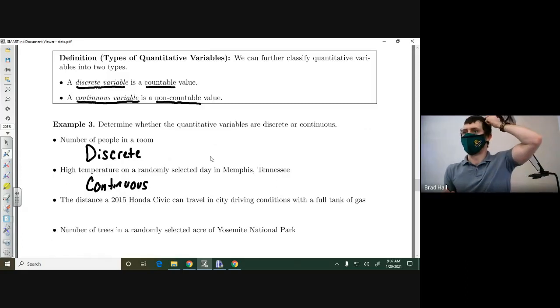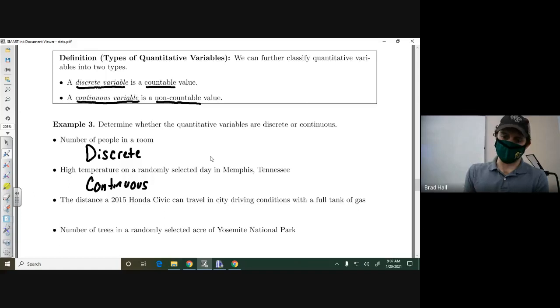Pretty much the rule of thumb is if you can get a decimal out of it, chances are it's probably continuous, because decimals can go on forever and ever. When we think of countability, we think of whole numbers, but temperature can go into decimals, and then that gets a little messy. The distance a 2015 Honda Civic can travel in city driving conditions with a full tank of gas.